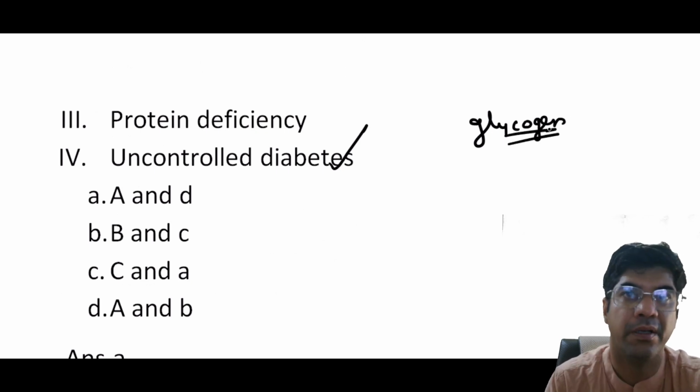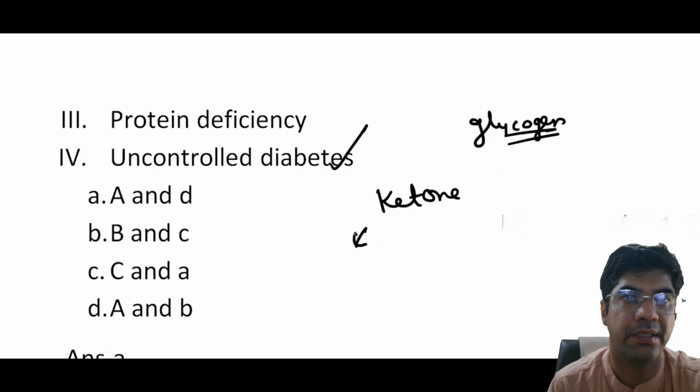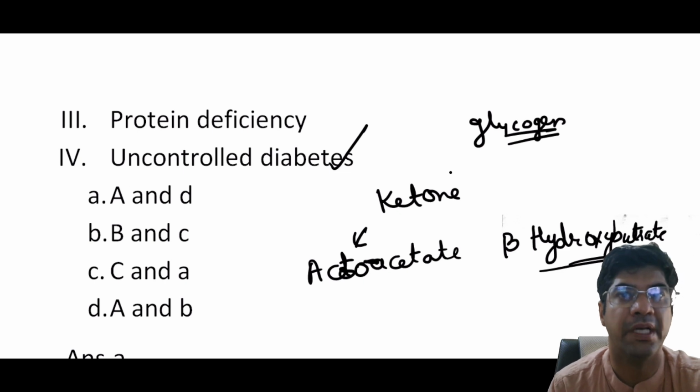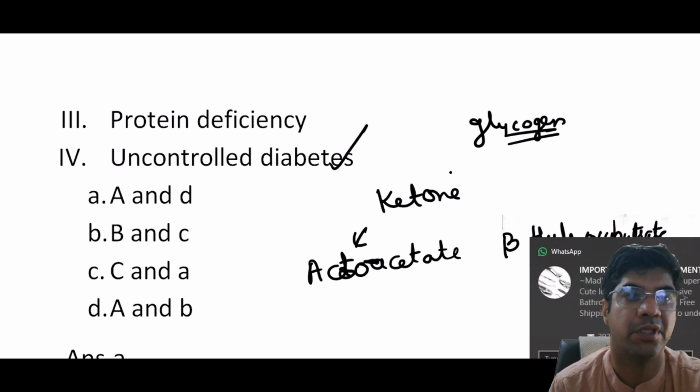So that would lead to production of ketone bodies, that is acetoacetate and beta hydroxybutyrate in the liver that are released into the bloodstream, and they are used as an alternative source by the various tissues including the brain.